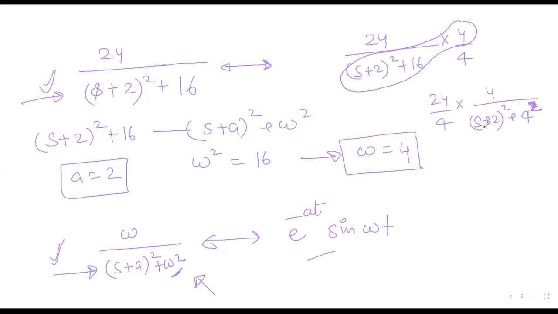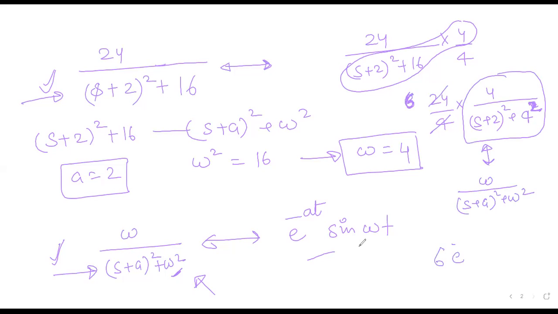Now this is nothing but 6. And this is equivalent to omega by (s plus a) whole square plus omega square. So what you got is 6 e to the power minus 2t sine 4t.